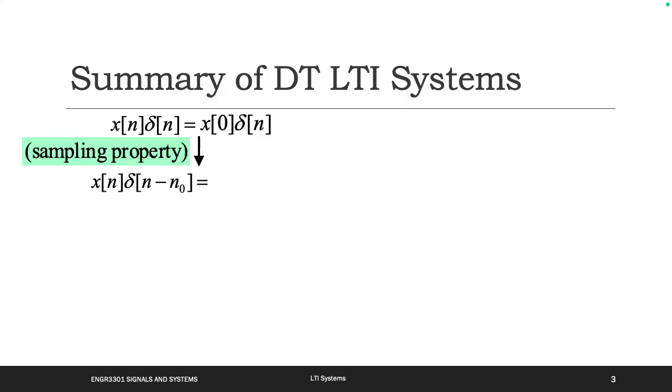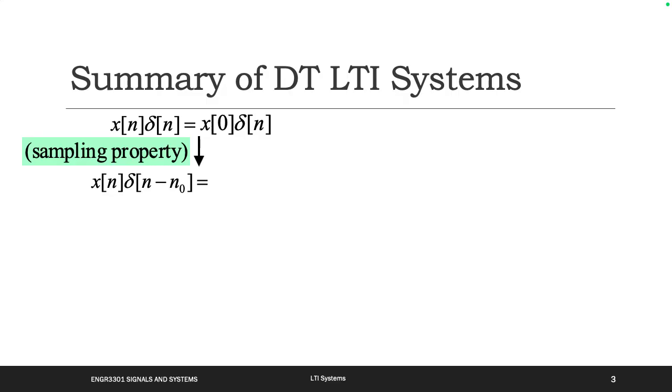What is delta[n minus n naught]? Remember, when the argument equals 0, the value will be 1, am I right?